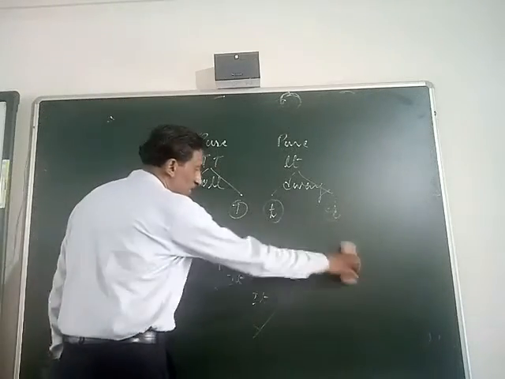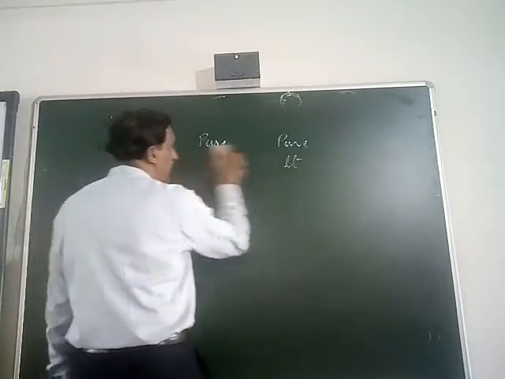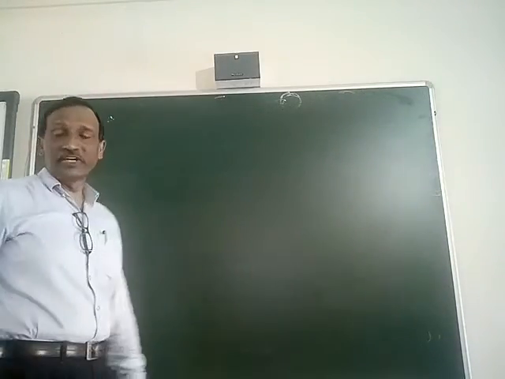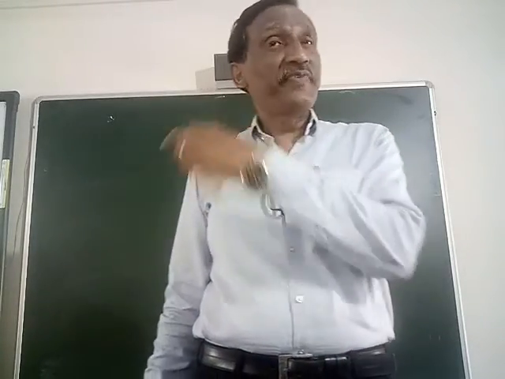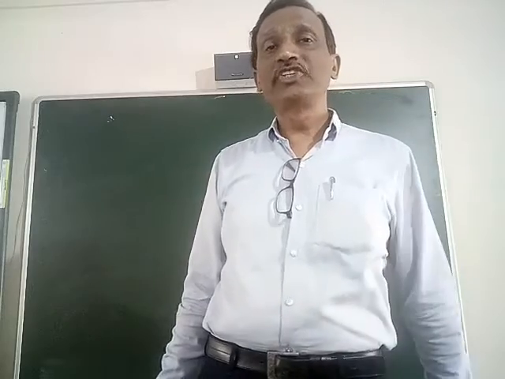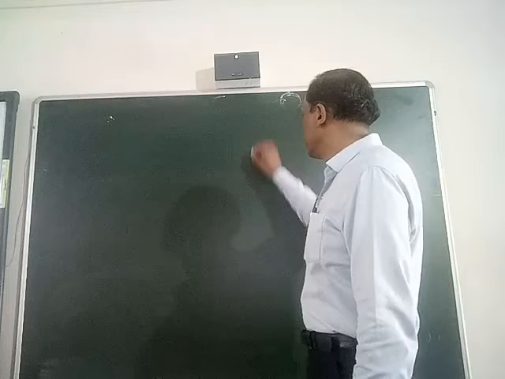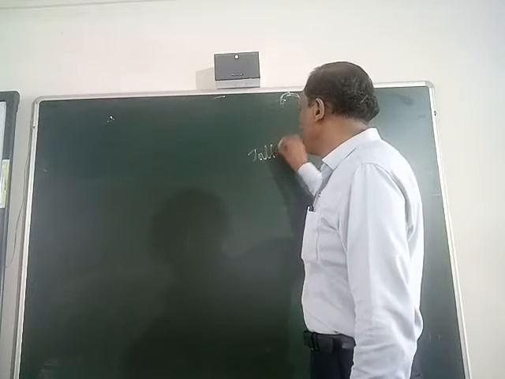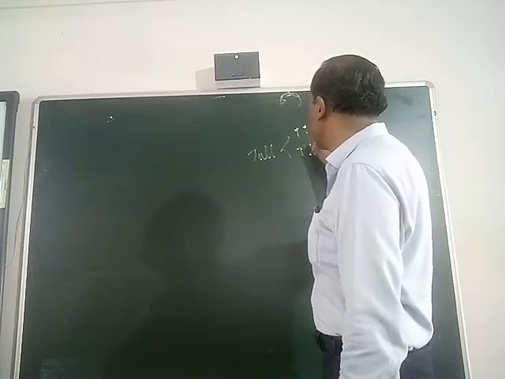Test cross. As the name indicates, we are testing something. What are we to test? Test cross is the cross in which we want to know the genotype, the allelic combination, of an unknown plant. Now suppose tall plants can be of 2 types, capital T capital T, or capital T small t.